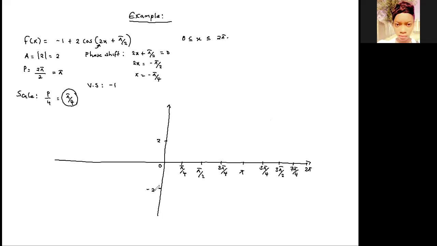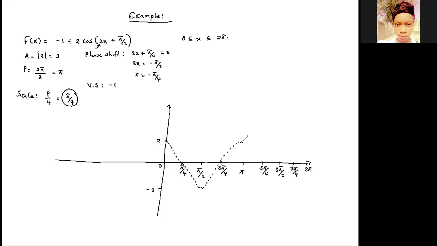It starts at 0, passes through the first one, comes here, goes up, all the way up to there. This is the normal graph of cos.